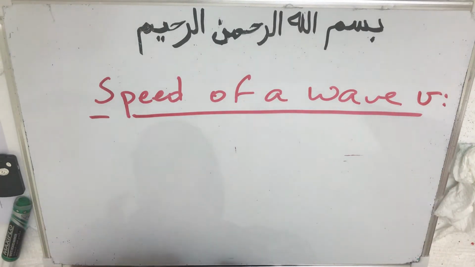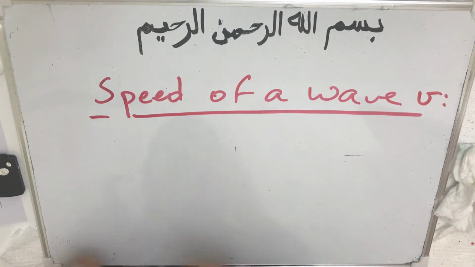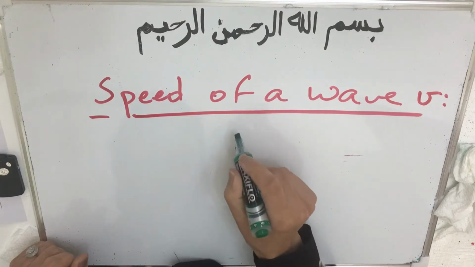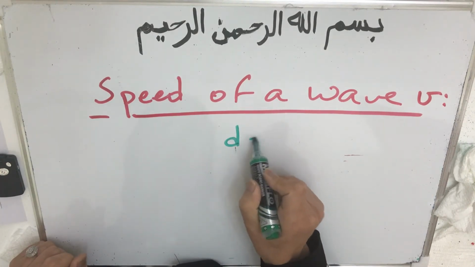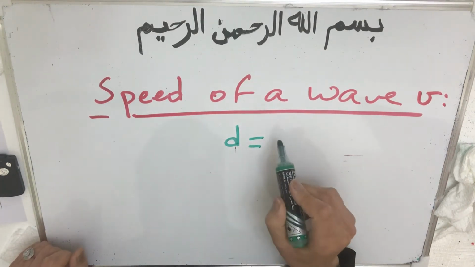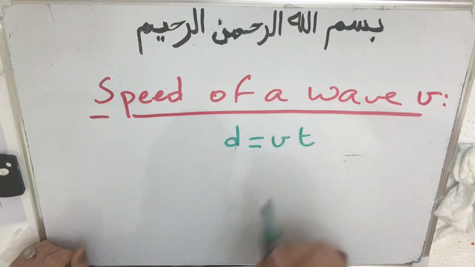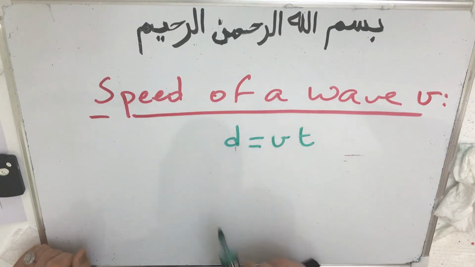We start by using the very basic formula: the distance that you cover if you are going at a constant speed is just V times the time. Okay, D equals V times the time.